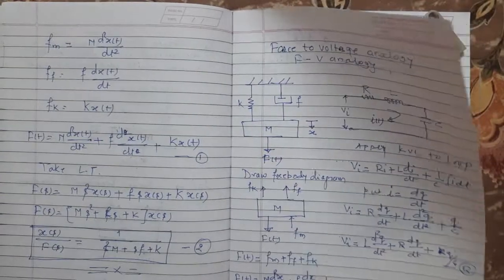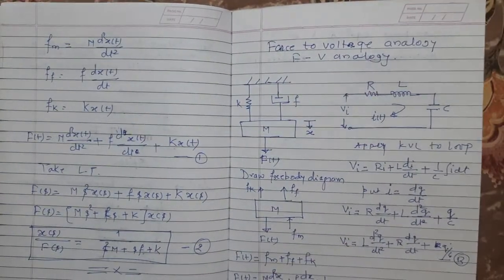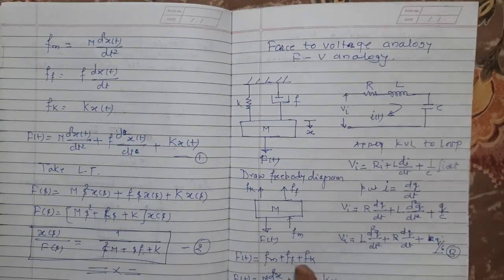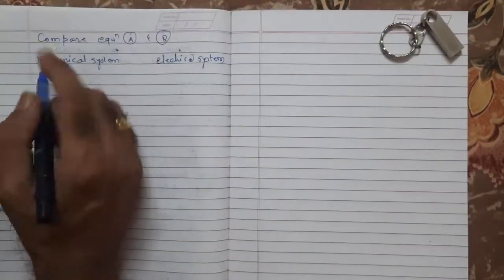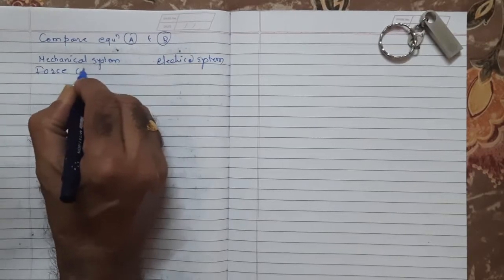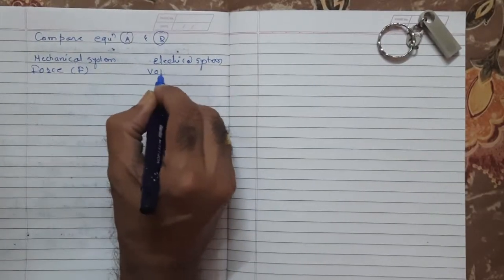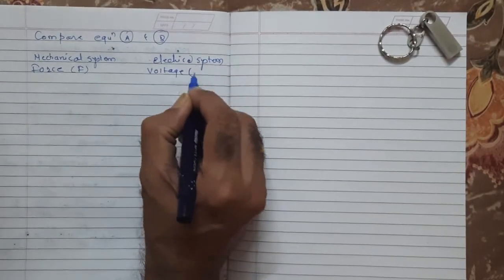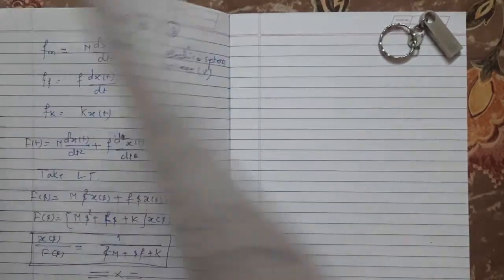Now see here, what we get is F equals Vi. So here is the force, that is F, and here is the voltage, that is V in general.